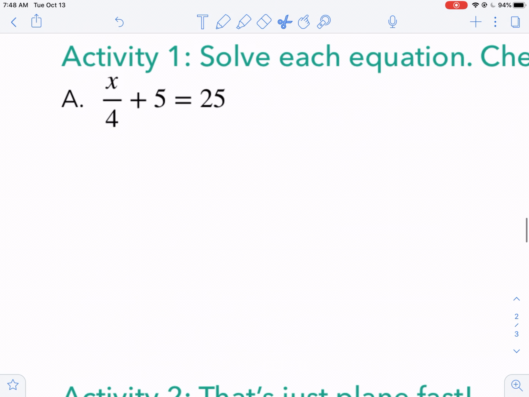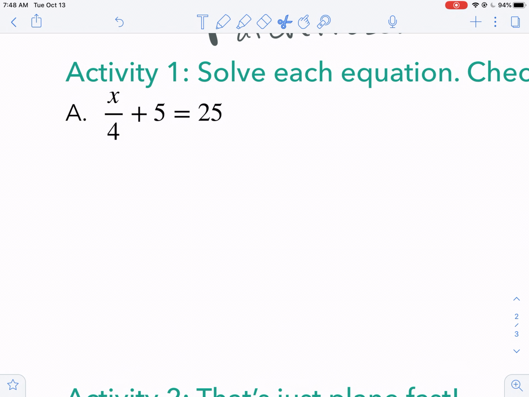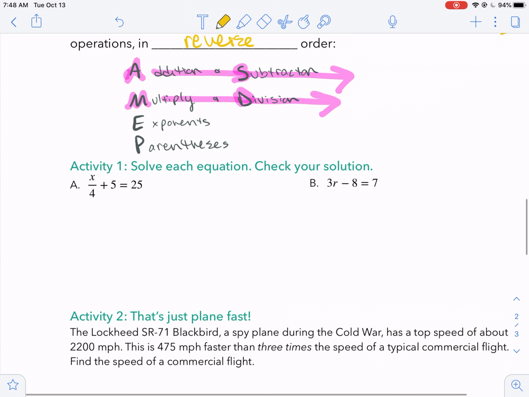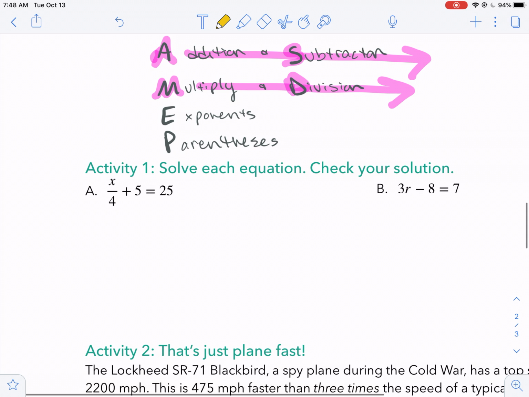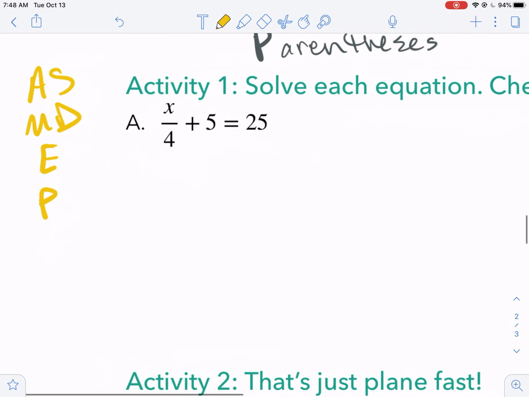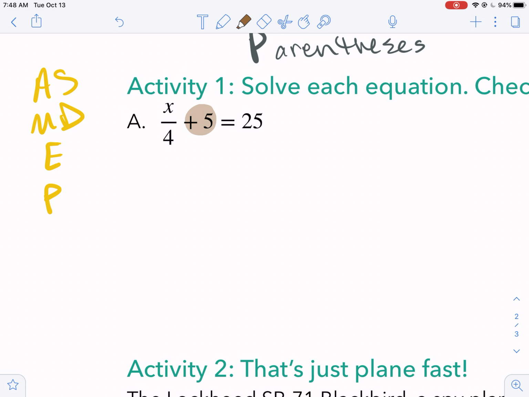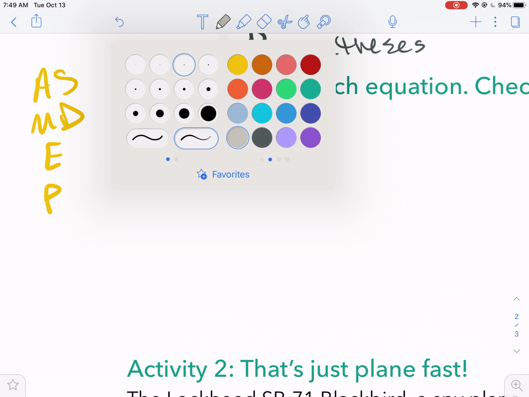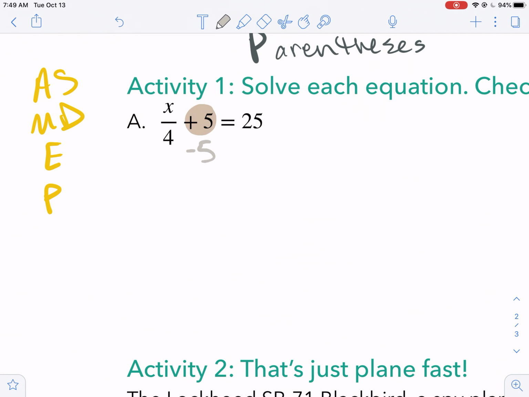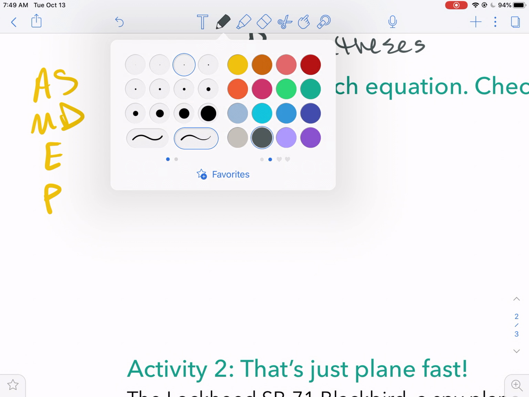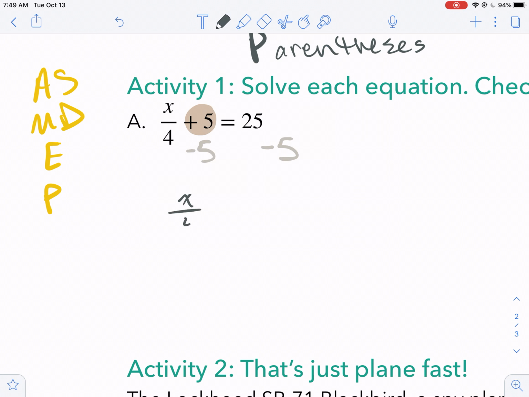In our first one, we have x over 4 plus 5 equals 25. So remember, reverse PEMDAS will give us addition and subtraction, multiplication and division, exponents, and parentheses. So we need to undo this plus 5 first. So to undo that, we minus 5 on both sides, which gives us x over 4 equals 20.